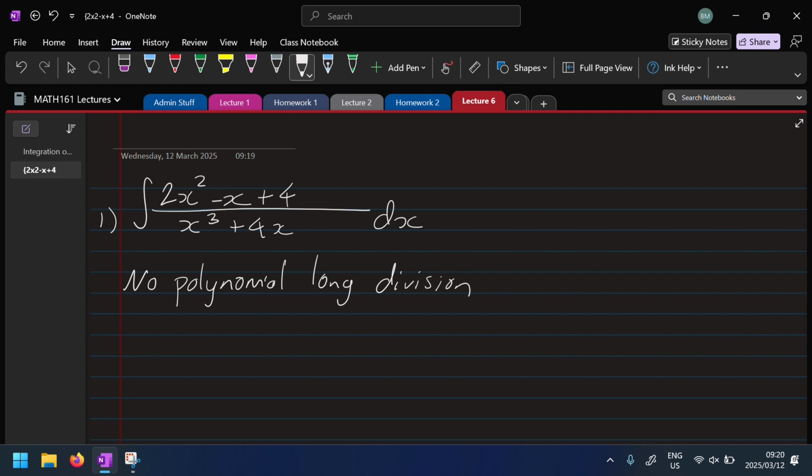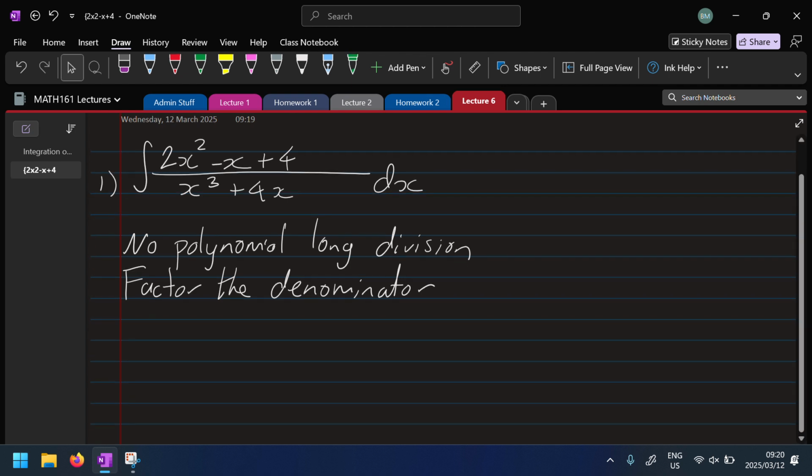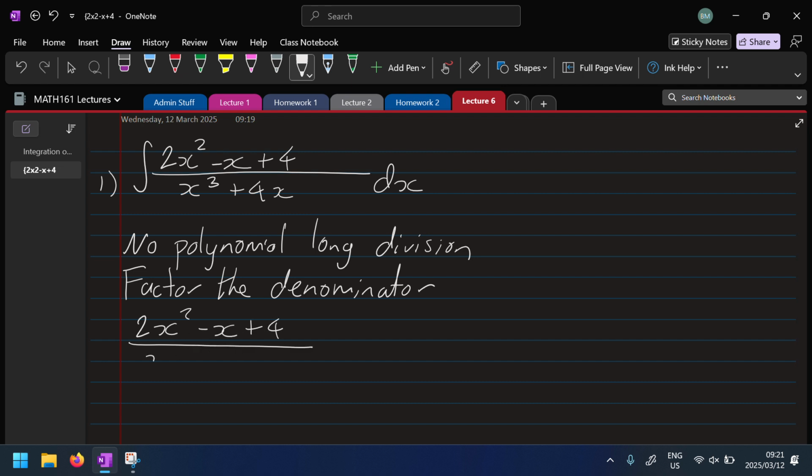Next step, we try and factor the denominator because we want those individual products at the bottom. Okay. Can this be factored? Yes, we can take an x out. So this is going to be 2x squared minus x plus 4 over x cubed plus 4x.